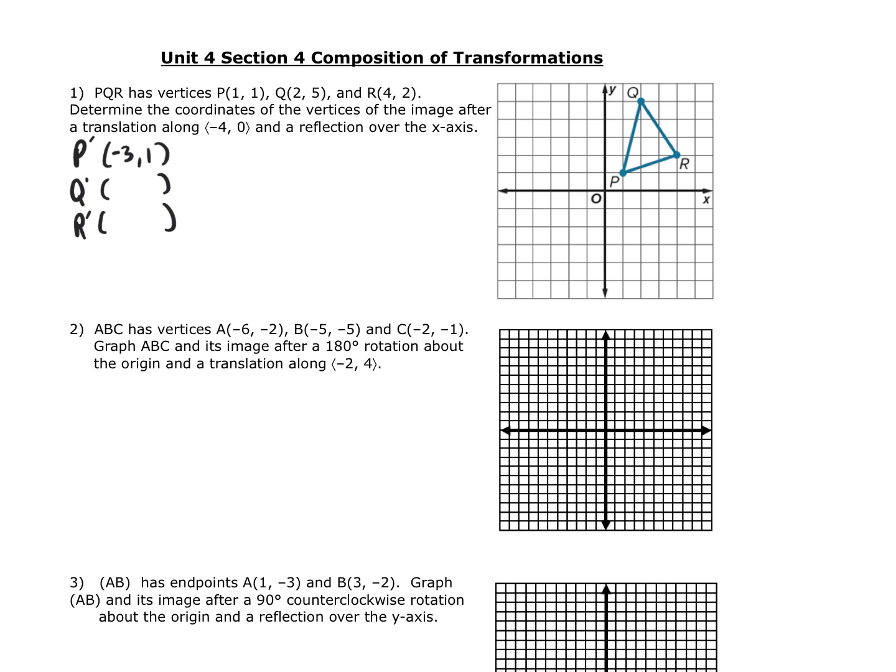Q is at (2, 5), so 2 minus 4 is -2. And R was at (4, 2). So 4 minus 4 is 0. So now P prime, Q prime, R prime are going to be at those locations: (-3, 1), (-2, 5), and (0, 2).